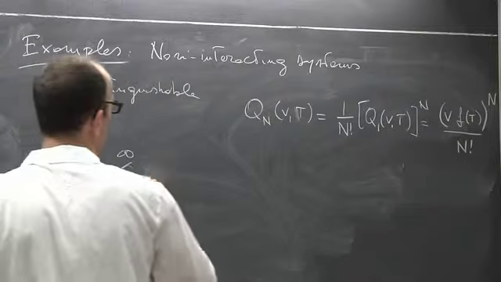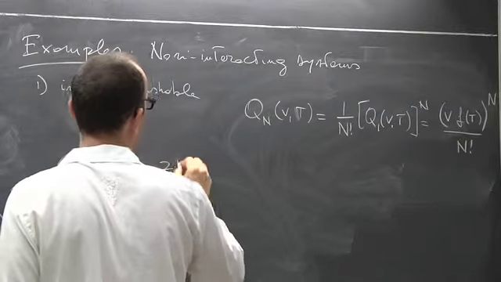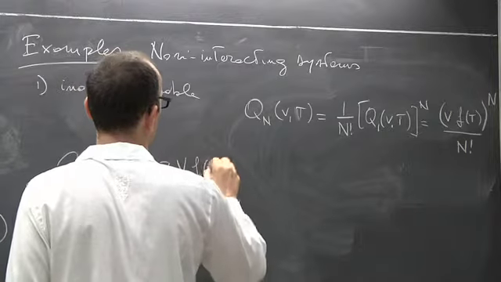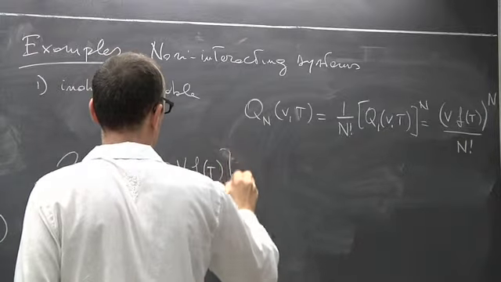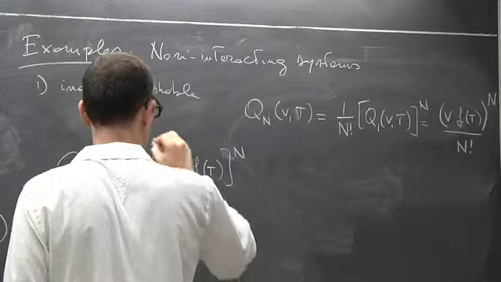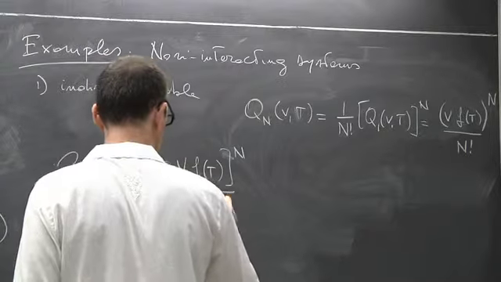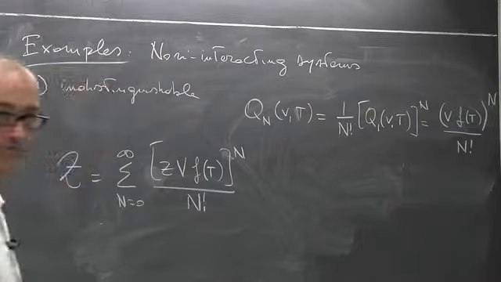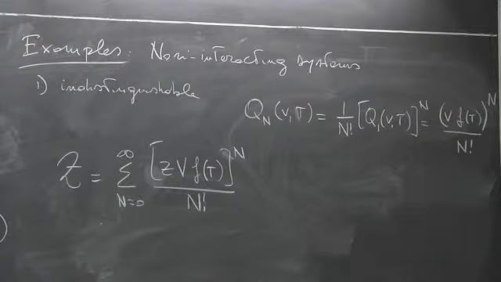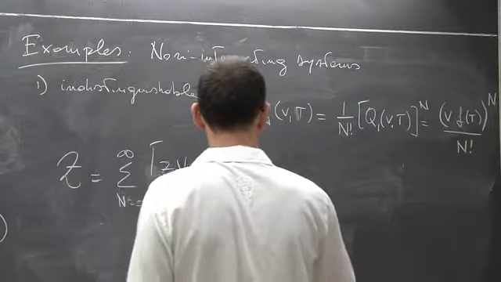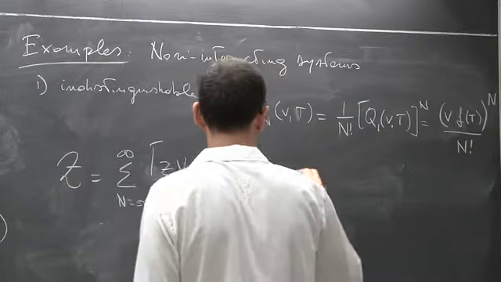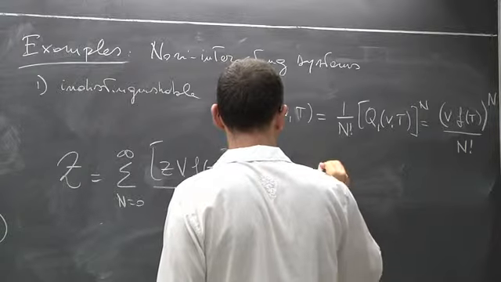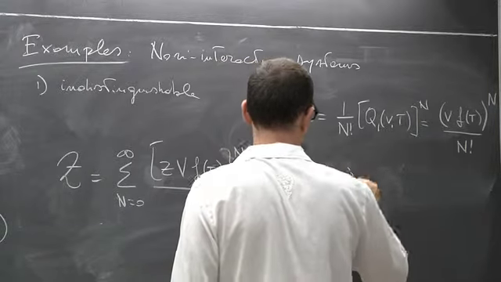So I have z times V times f of T, all to the n, divided by n factorial, right? And this is very simple, it is e to the z times V times f of T.